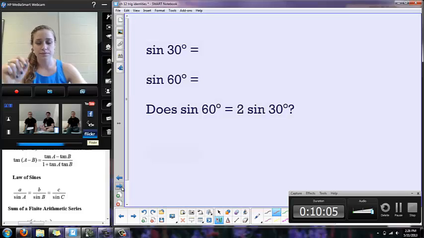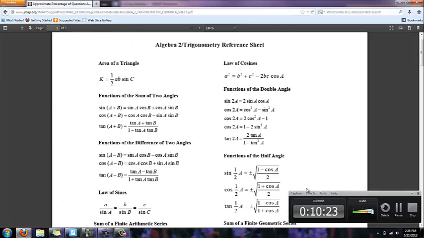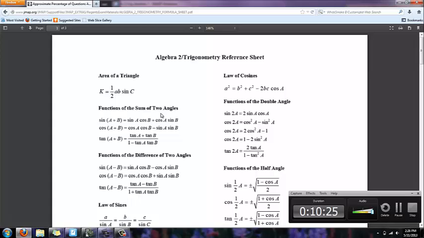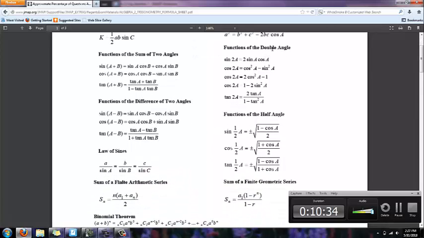All right. So let's just do a quick example yet again to show you why this is important. Actually, before I even go on, this is yet again another one of the sections that you have on your reference sheet. So this is your whole reference sheet. We just finished talking about sum of two angles and difference of two angles. Now we're over here onto the right hand side, and you can see functions of the double angle and functions of the half angle.